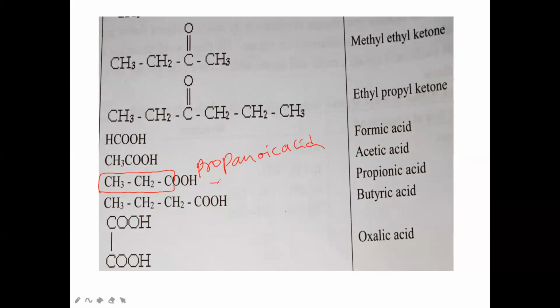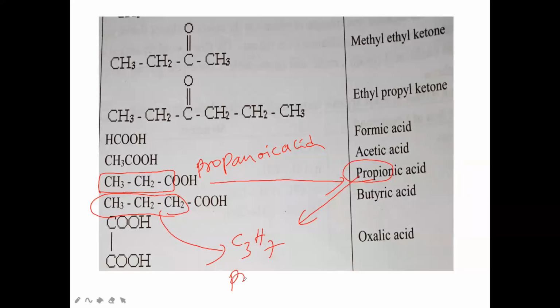And what is the common name? We check it here. Here, propion. So propion means what? C3H7. Remember, C3H7 is called propion. So the C3H7 group is called propion group in common naming.